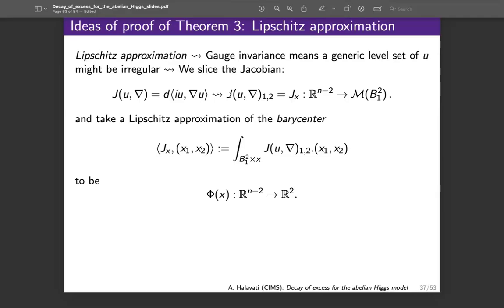So you take the barycenter. And because it's a barycenter of the slices of this Jacobian, just by slicing formulas, you can get BV estimates on these barycenters, right? And because of just classical BV theory, if you perform a Lipschitz approximation, you get Dirichlet estimates with respect to XS1, okay? So you kind of Lipschitz approximate the barycenter of these Jacobians, right?